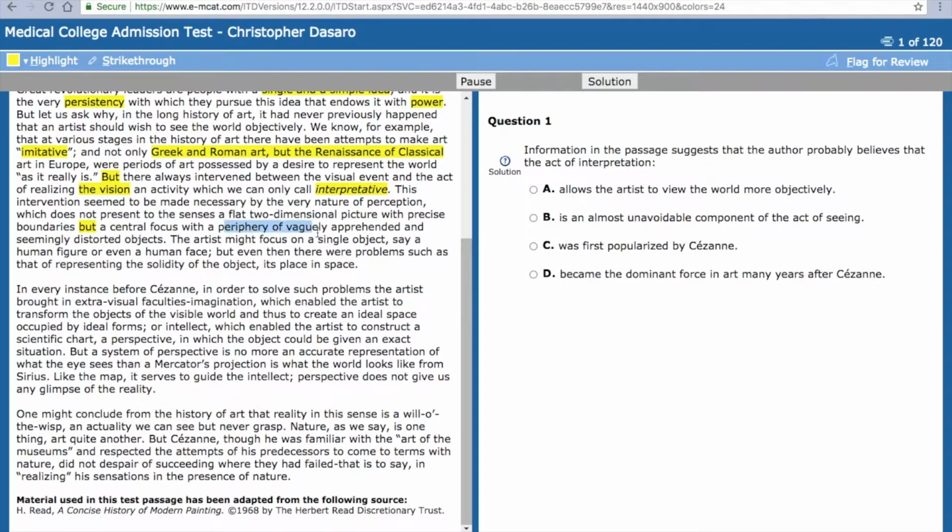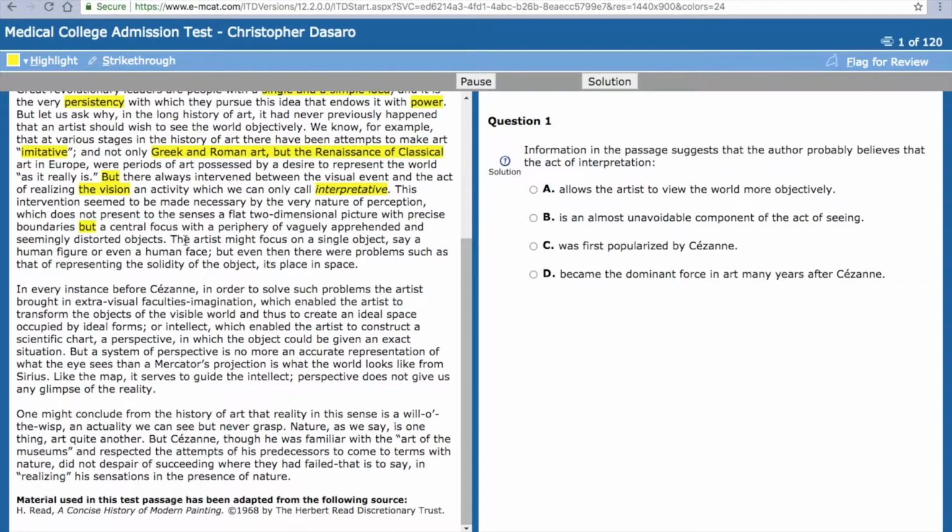It's a periphery of vaguely apprehended and distorted objects. It's something that requires perception. Think of Picasso. If you looked at any of his paintings and saw just a bunch of random shapes, no one would really acknowledge him as such a great artist. However, because of our perception, we are able to, because it's so ambiguous and vague and has such distorted objects.